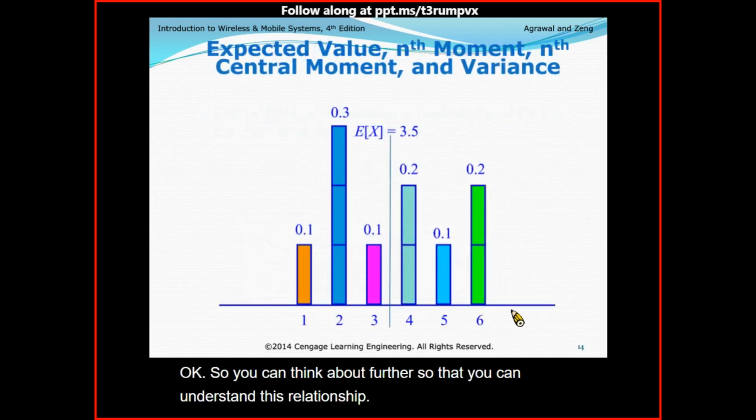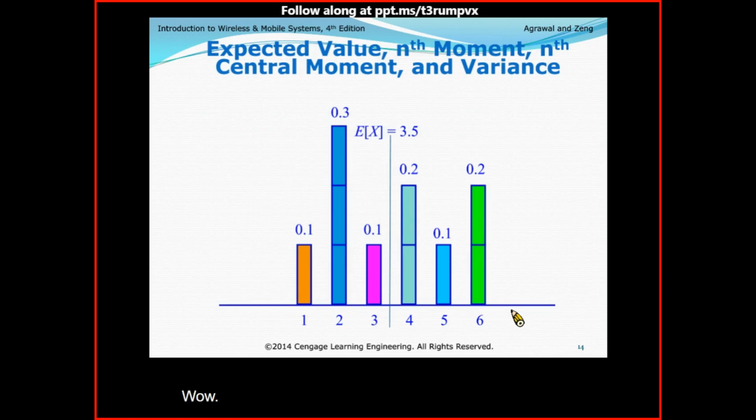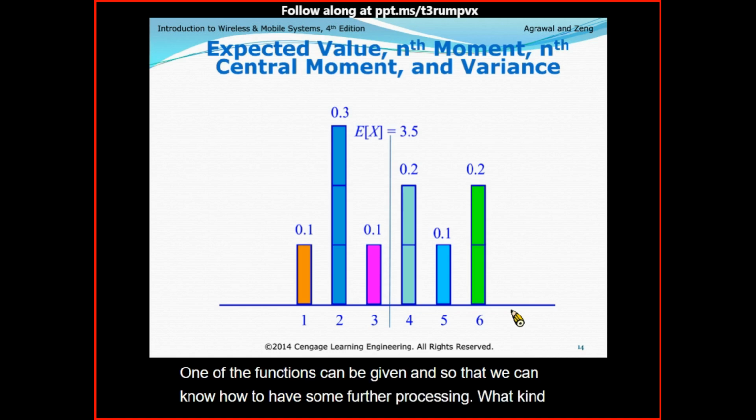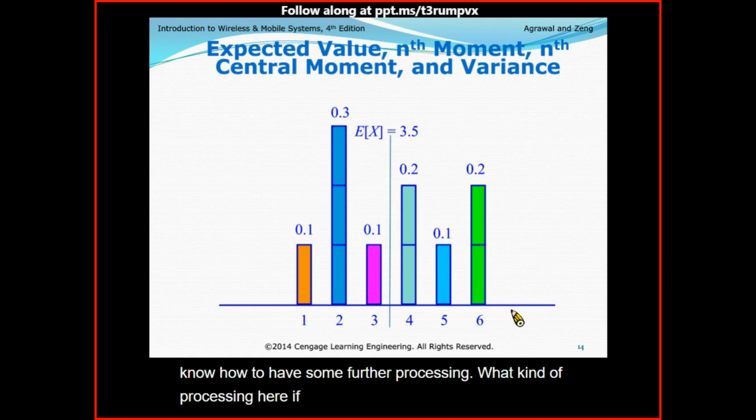Well, that's it. So up to now, we can specify function of PDF or function of PMF and function of CDF. One of the functions can be given, and so that we can know how to have some further processing. What kind of processing here? If you want to have the expected value, right?